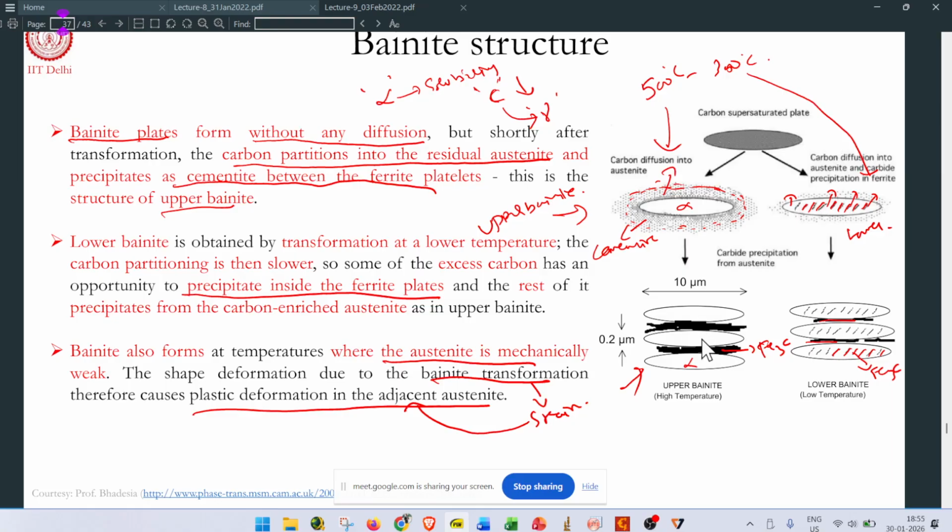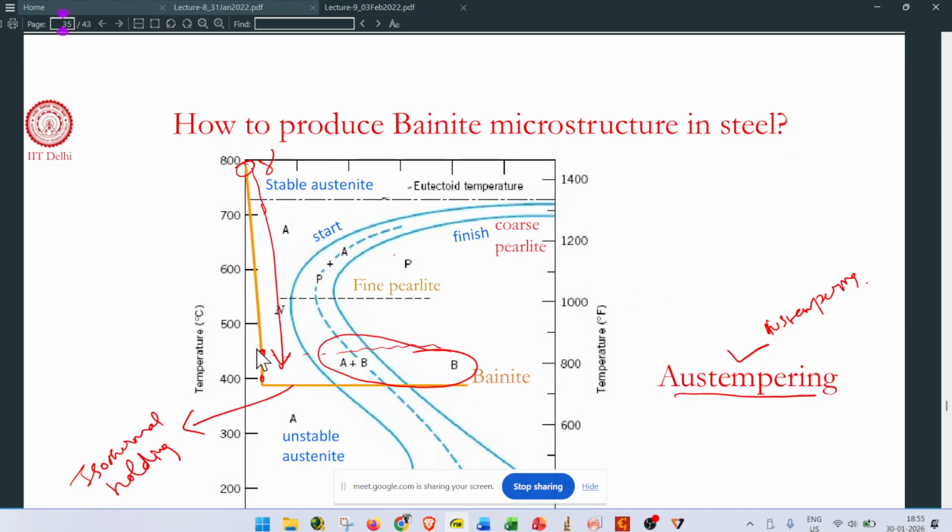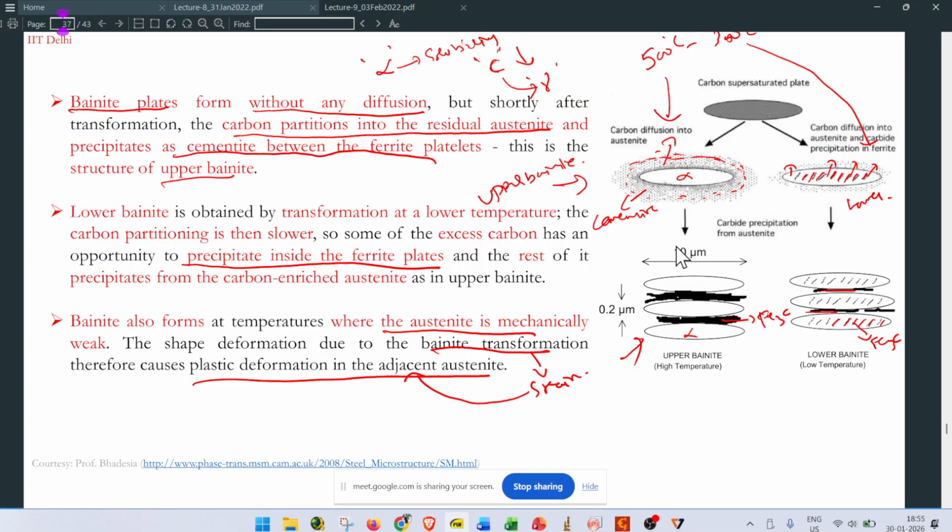Below the nose point, wherever we hold isothermally, we will get the bainite phase. At the higher temperature there is enough time for cementite, the Fe3C phase, to segregate out of the alpha phase and form thicker plates between the alpha phase.